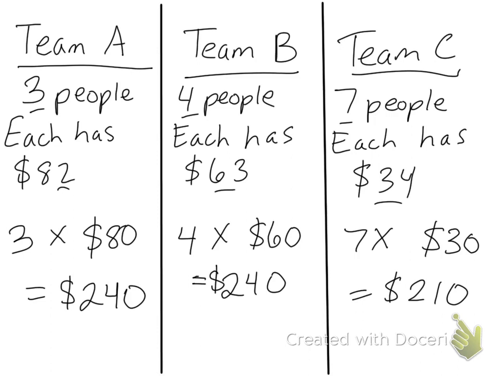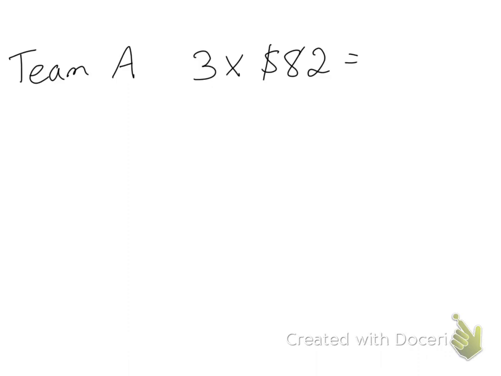So for Team A, they had 3 times $82. 3 groups of 82 is the same as 3 groups of 80 plus 3 groups of $2.